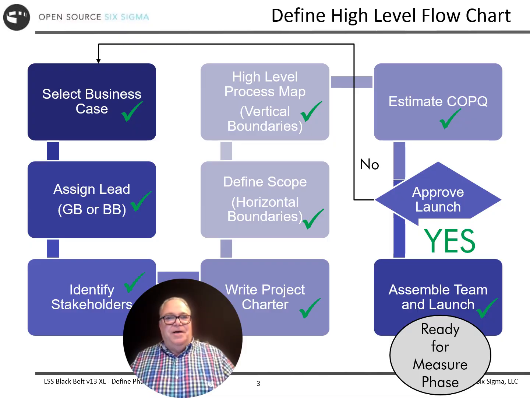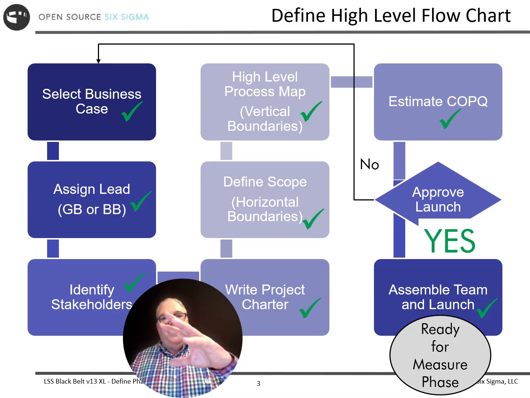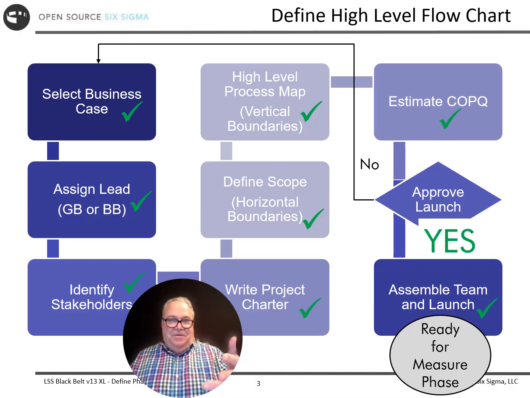Then I've got two boxes here of scoping. So looking at the horizontal boundaries, which would again come from your tree diagram: are we going to work on all products, one product? In the case of the material cost, I could look at all scrap, but we decided to start with the scrap produced on this particular production line on this particular machine.